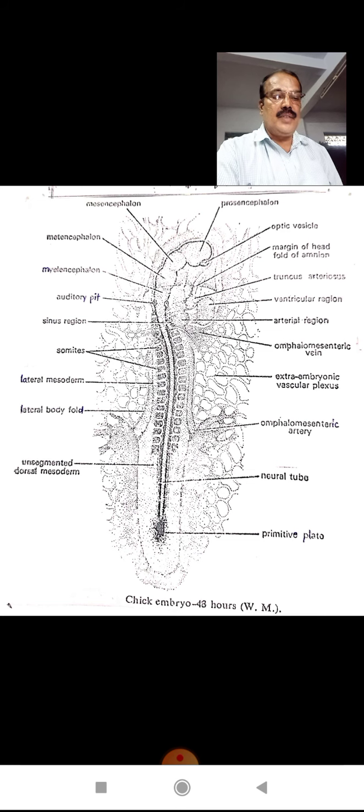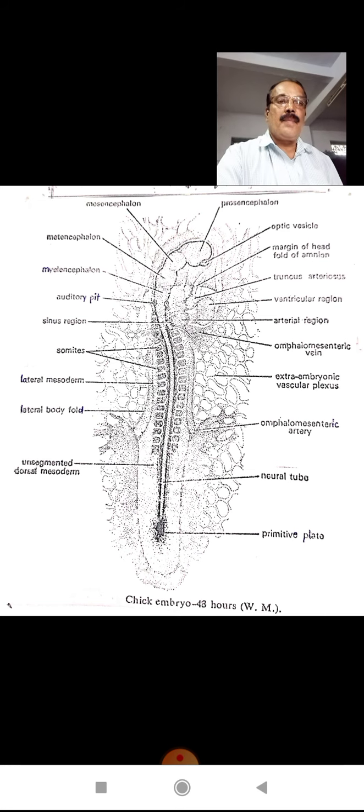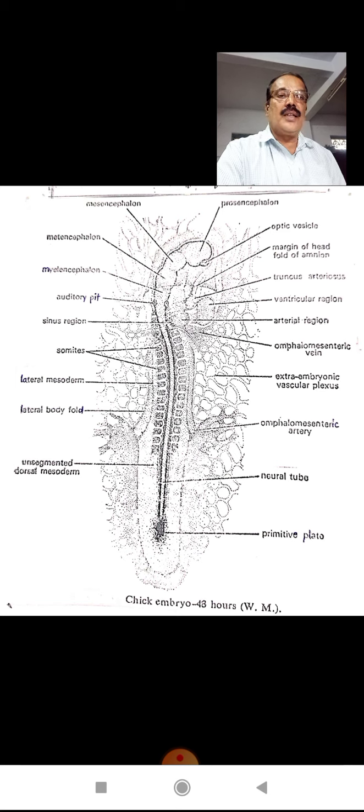Head and neck of the embryo are twisted due to the torsion effect, so that the left side touches the yolk and the right side is away from the yolk. So, it looks like a question mark.